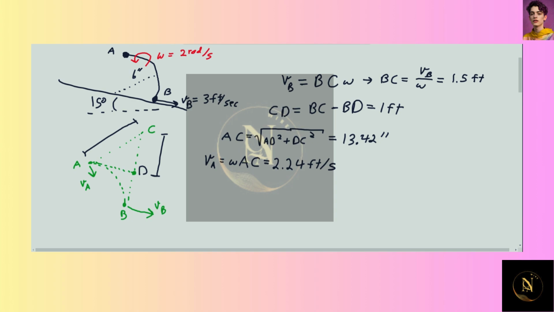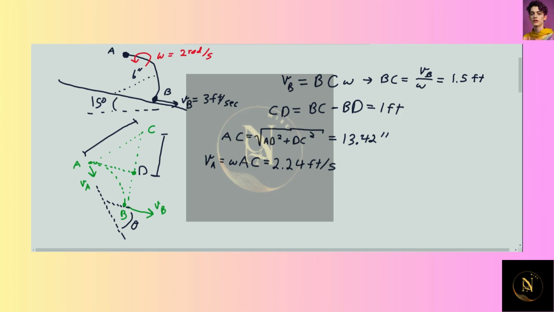If we want to know the angle this is moving at, we can go ahead and take a look at the angle between B and C here. This is the angle theta. Angle between VB and VA at least.